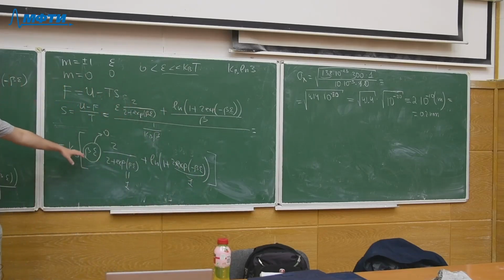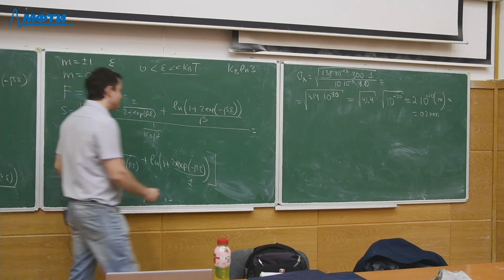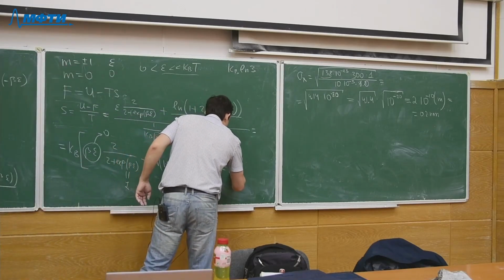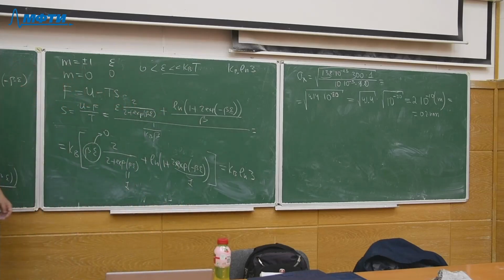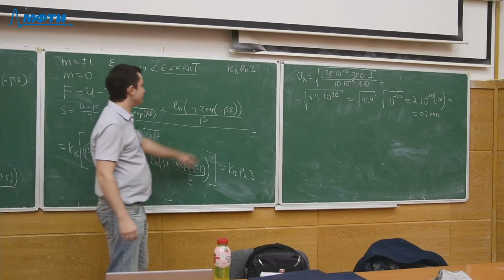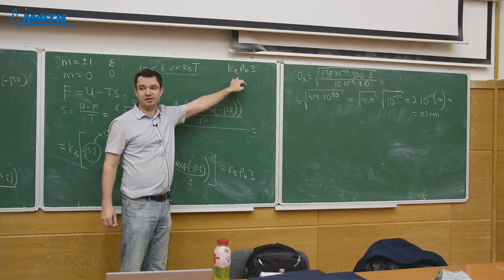So altogether, the first term would disappear, while the second term would be equal to the logarithm of 3, which gives me the final result of kB times natural logarithm of 3. Well, it turns out that our previous approach for the calculation of entropy worked well, because we got the same result, kB times logarithm of 3.